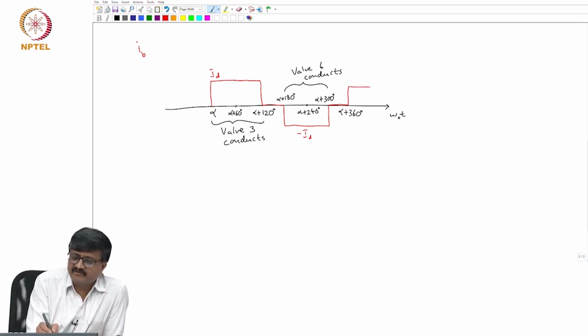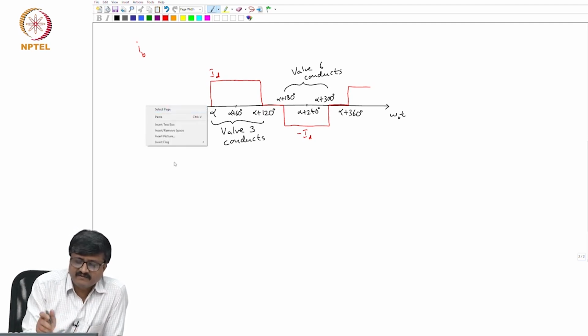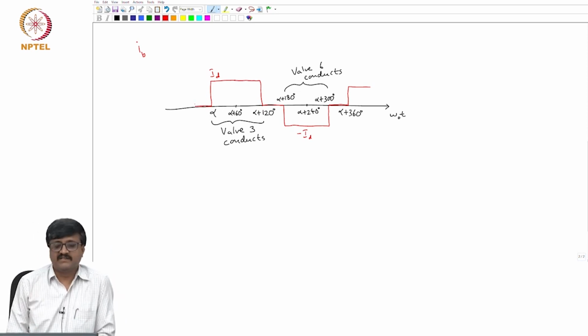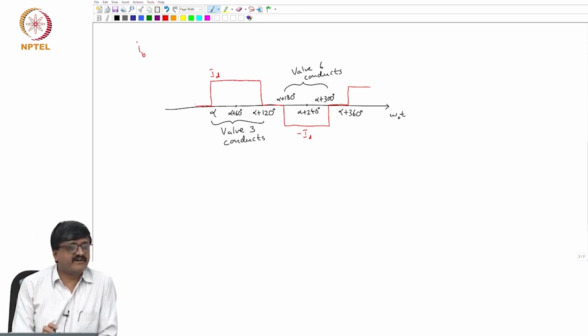Even before alpha, that is for omega t slightly less than alpha, IB is 0. So, this is the waveform of IB.